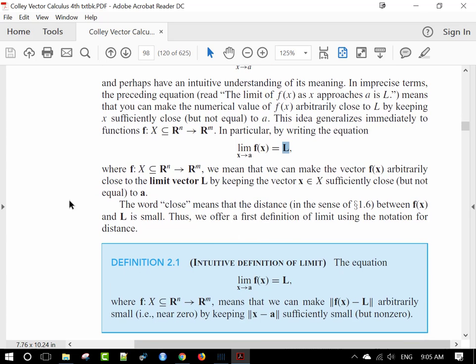Fortunately, we already have a concept of distance in Rm or Rn, and that is the norm of the difference between these two. The norm has been generalized to Rm, so this is in Rm and this is in Rm.